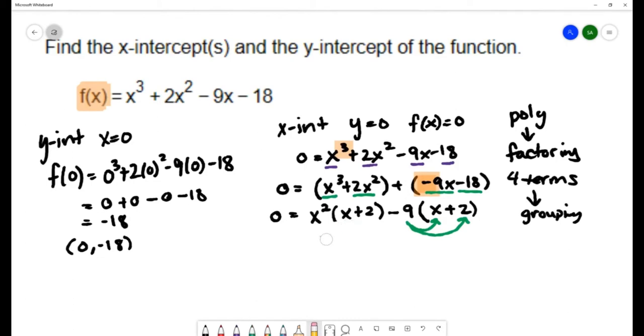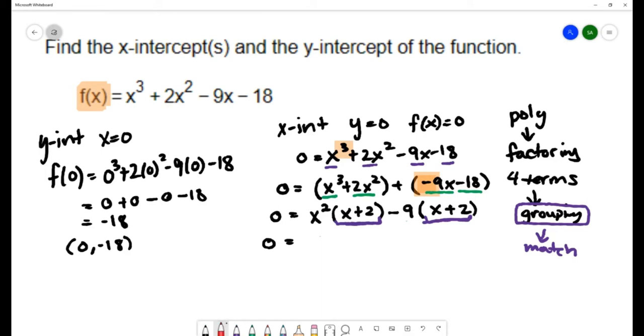So the next thing we're going to do is check inside the parentheses. And if this grouping method is going to work, what's inside the parentheses should match. And it does. And because it matches, that means that we can factor a common factor out again.